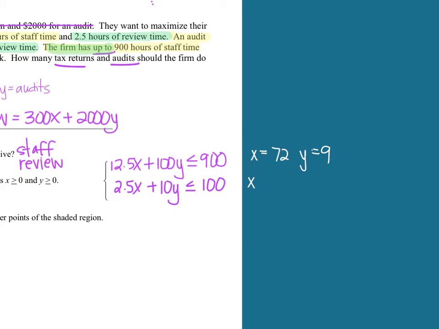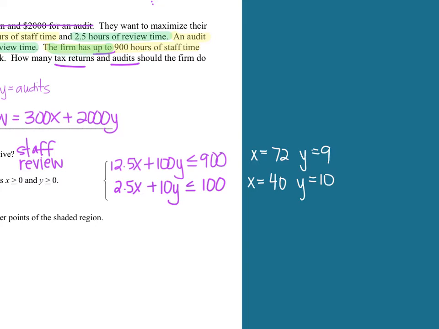And then my other equation, if I'm graphing intercepts, so 100 divided by 2.5. So x is 40 and y is 10.